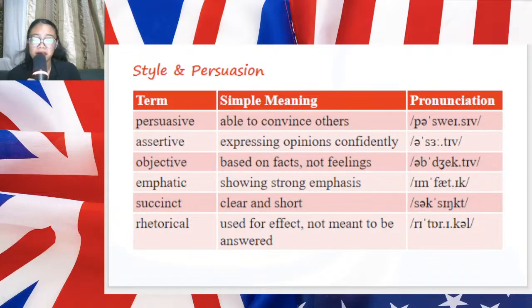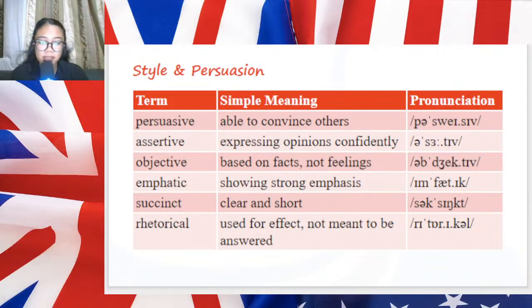A rhetorical question often highlights opinions or emphasizes the idea, especially in persuasive writing or speech. You try to use this when analyzing questions or statements meant to influence the reader or listener. That's rhetorical.